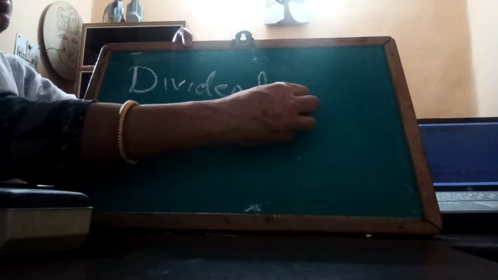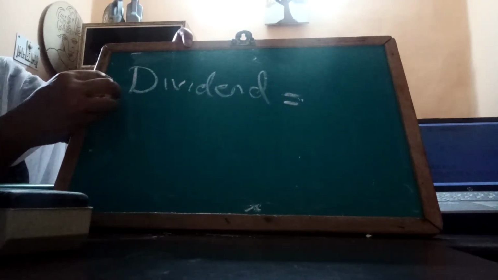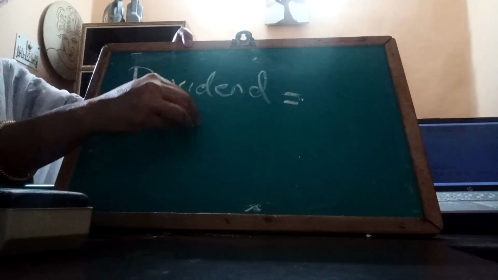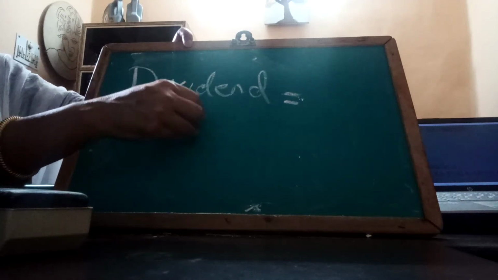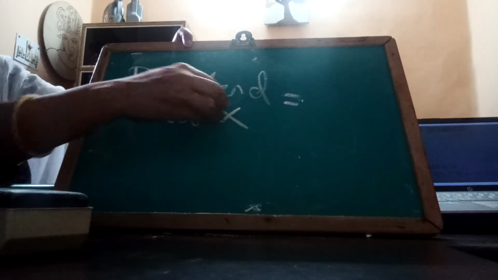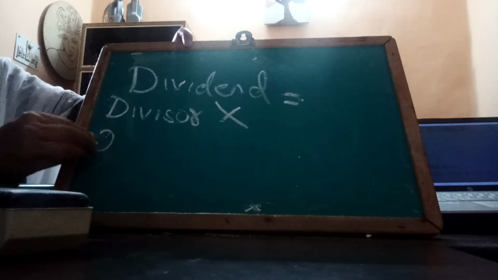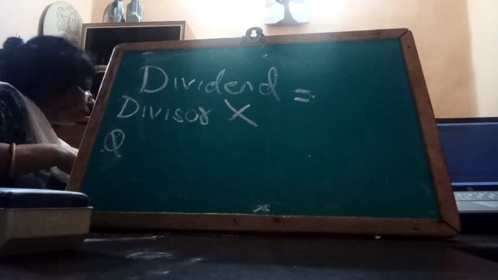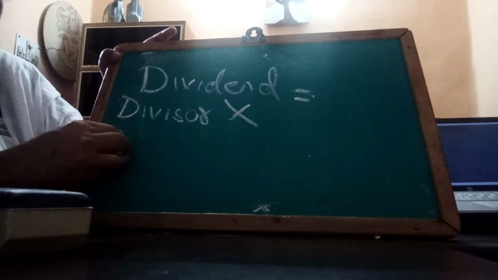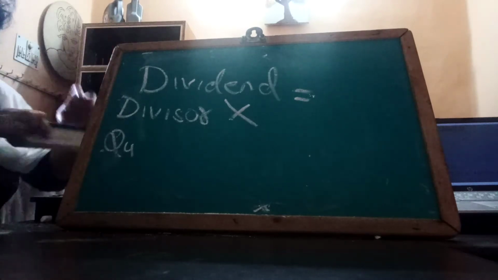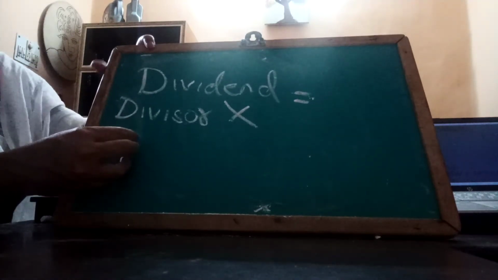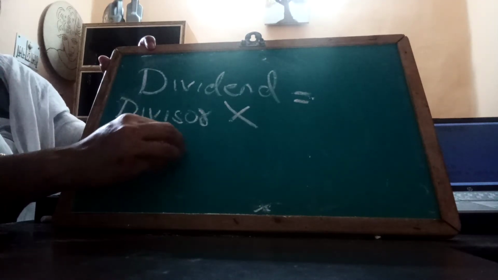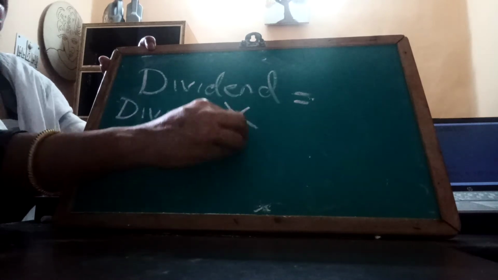So dividend is equal to divisor into quotient plus remainder.